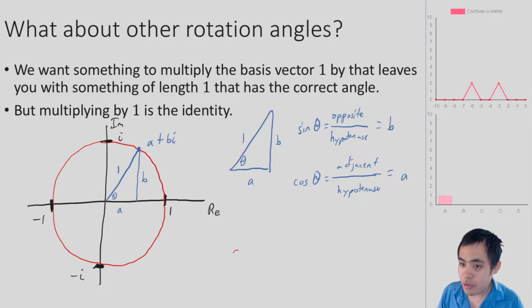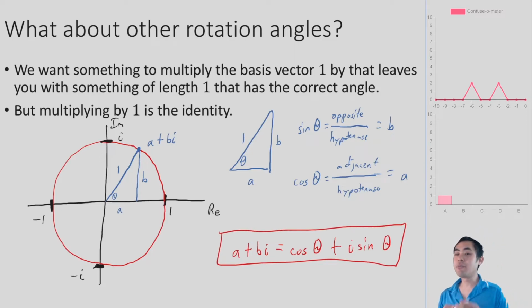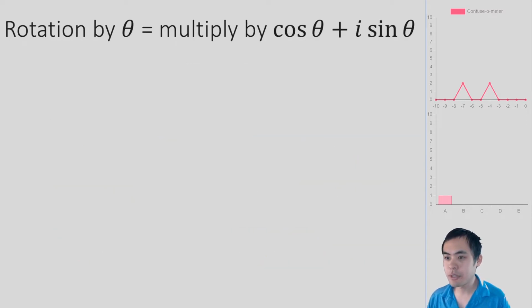And therefore, a plus bi is equal to cosine theta plus i sine theta. And if you multiply by this complex number, you're going to end up with a rotation by the angle theta. Everyone with me so far?